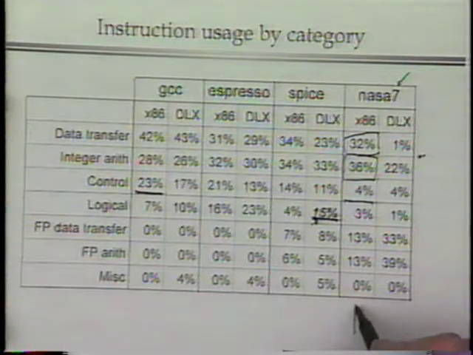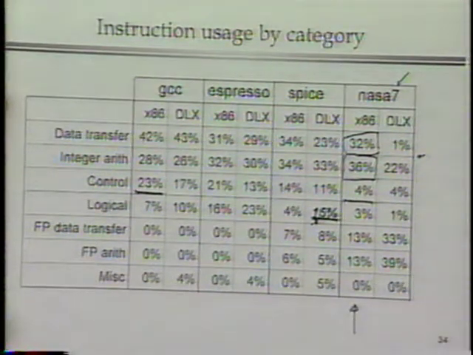In fact, for this benchmark, the x86 executes about 2 or 2.5 times as many instructions as DLX does, despite the fact that they have more complex instructions in general. I don't precisely know the reason for this, but I have a guess. But before I give my guess, does anyone else want to have a guess? Why is it that it might be so bad for the x86 on this application?